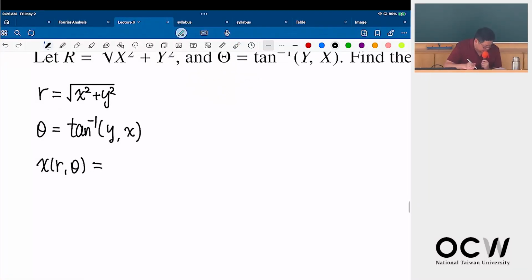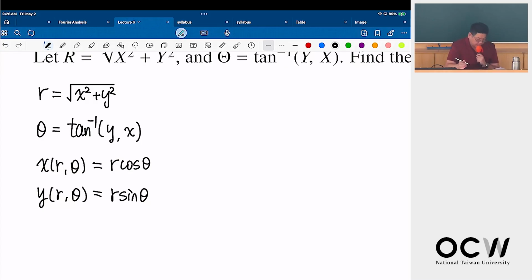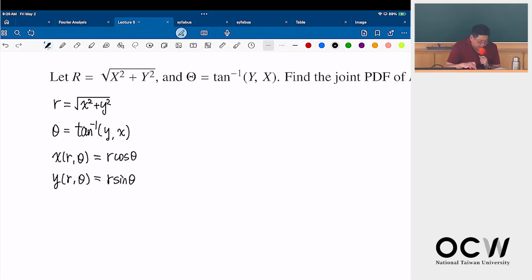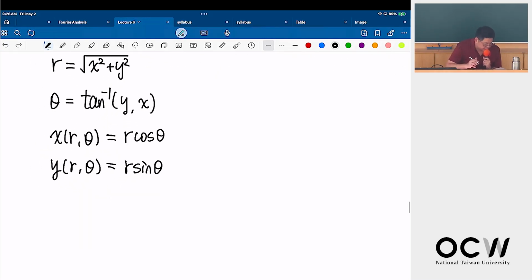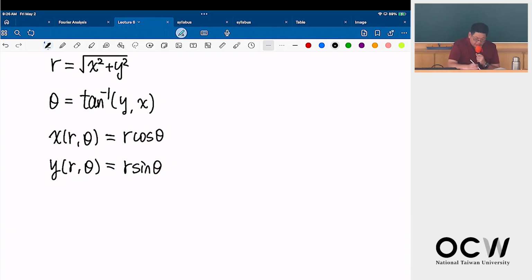So x is r cosine theta, and y is a function of r, theta. That's r sine theta. So now, since x equals r cosine theta and y equals r sine theta, we can see that the partial derivatives all exist.